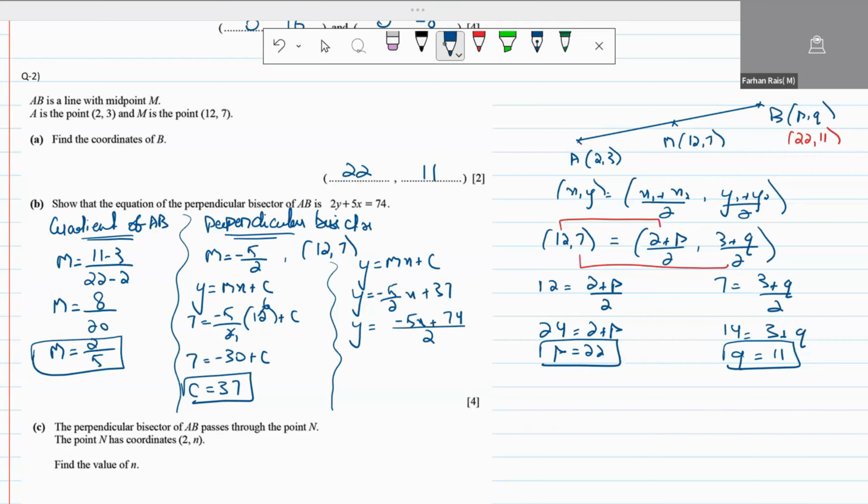Cross multiplying, we get 2y is equal to minus 5x plus 74, and we are just one step away. We just need to move minus 5x to the left side. So that would give us 2y plus 5x is equal to 74. So we have got the required equation, 2y plus 5x is equal to 74, as required to be proved.